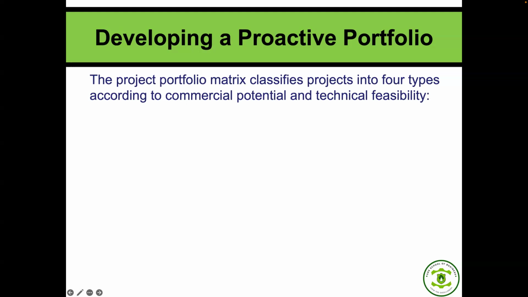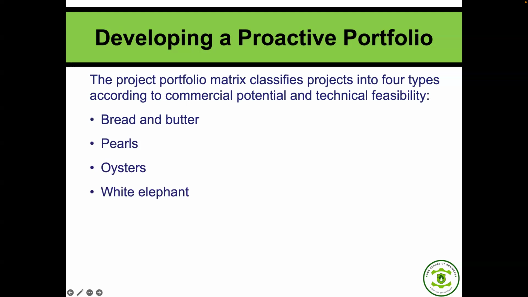The project portfolio matrix basically classifies projects into 4 types according to commercial potential and technical feasibility. I'm not sure if you have heard of this: bread and butter, pearls, oysters, and white elephant. The last one is one I am sure that almost all of us will have heard about, a project being a white elephant.